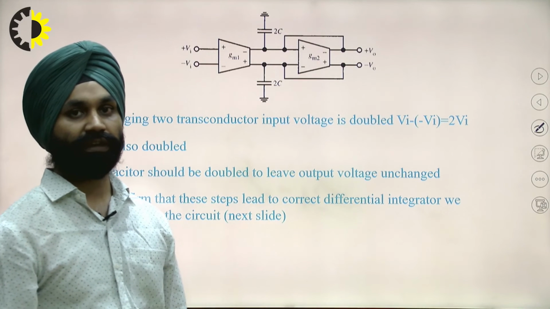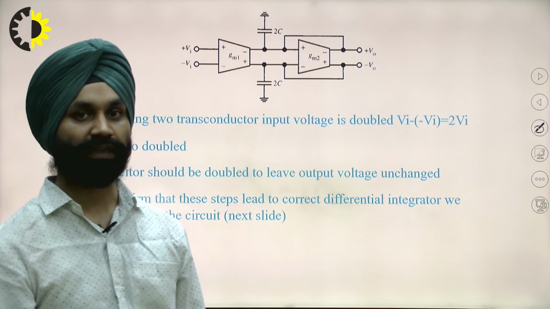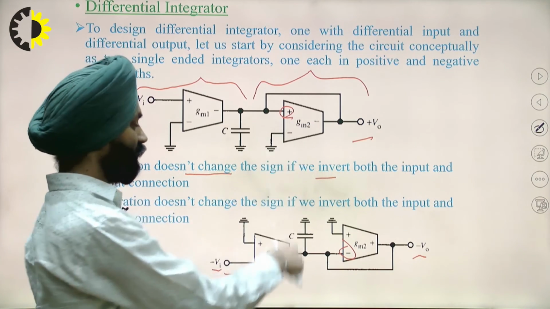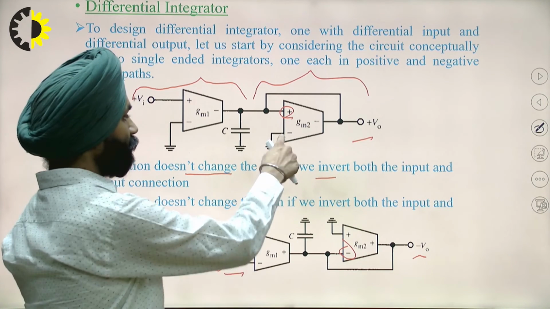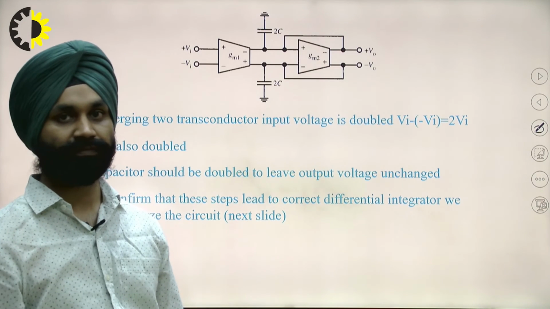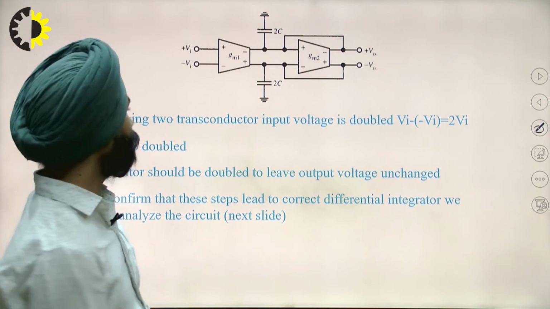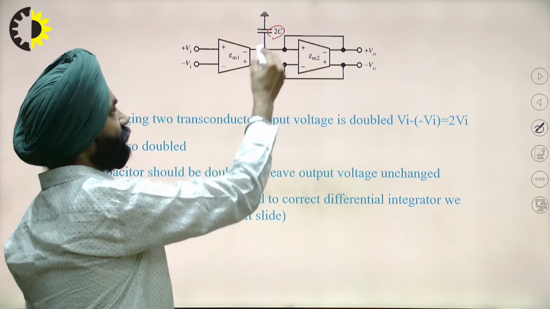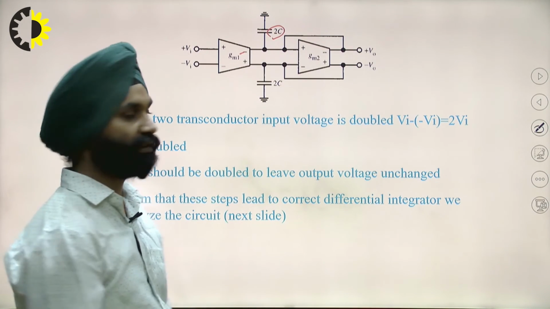Now if we combine both these circuits, both terminals, the grounded terminals, then we have two C's at the negative and two C's at the positive side.